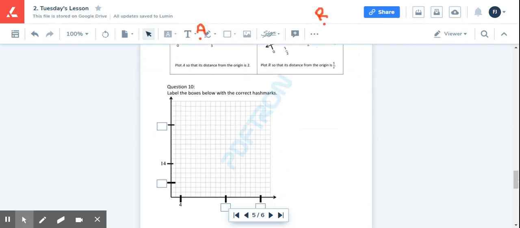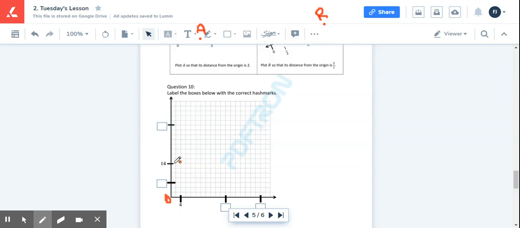Lastly, number 10. Label the boxes below with the correct hash marks. So if we count from 0, we'll notice a pattern. Let's try counting from 1. 1, 2, 3, 4, 5, 6, 7.